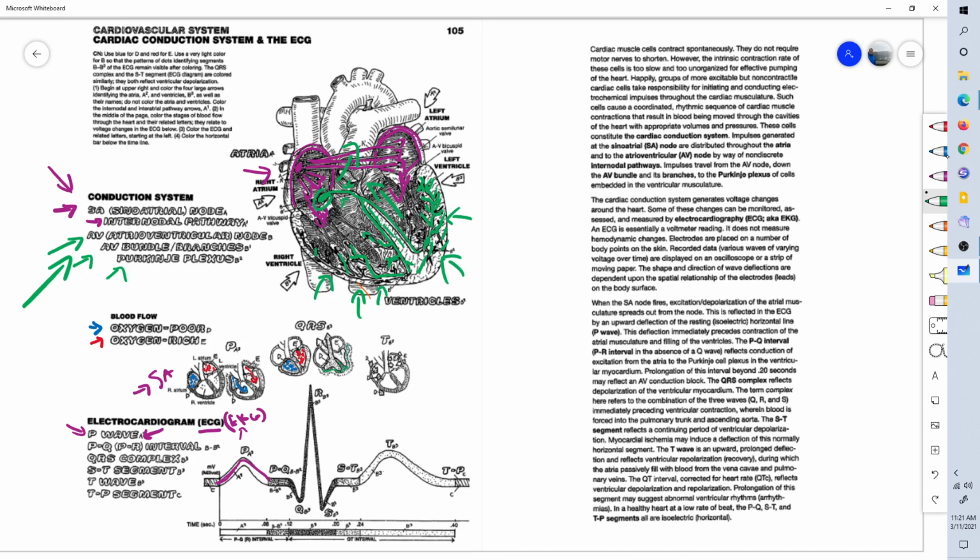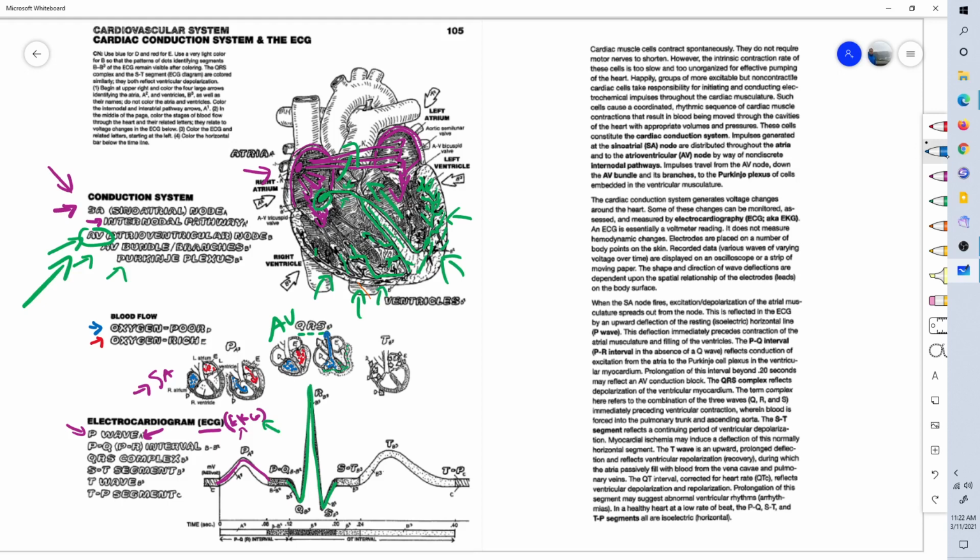And you can read that signal on the EKG as well. When that signal occurs from the AV node, there is a huge spike in electrical activity that can be read, and that's called the QRS wave.